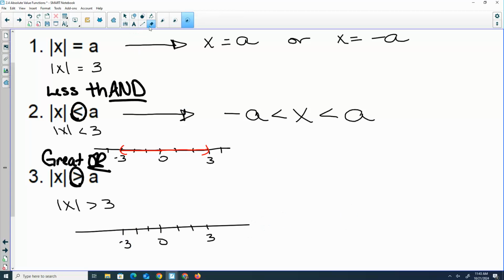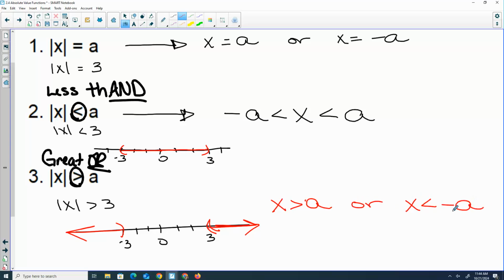So if you're more than 3, then you either have to be over here or over here. So we could say x is either greater than a or less than a negative a.